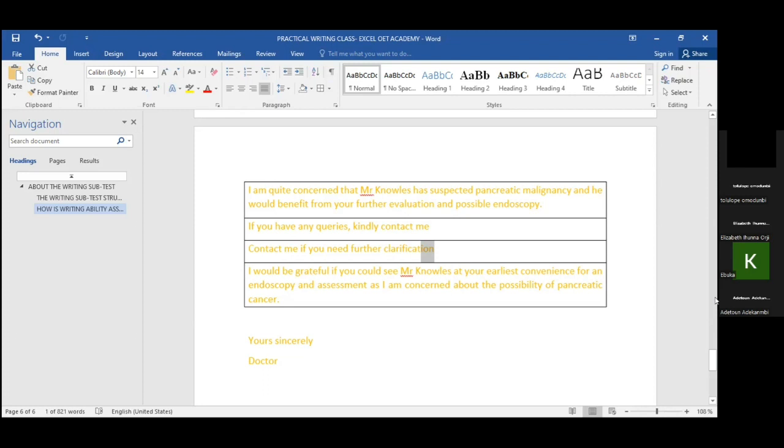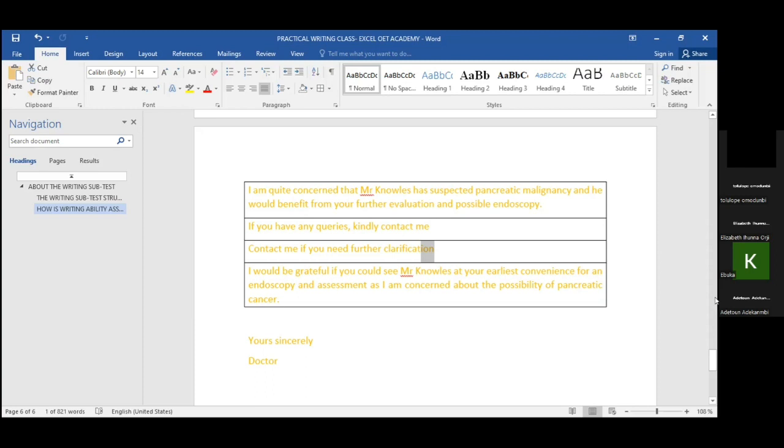But if the name of the person you are addressing the letter to is not given, maybe they wrote emergency nurse, or emergency doctor, or anything, but they didn't put the name, please, when you are concluding, use yours faithfully. Yours faithfully is for when the name of the person receiving the letter is not given.